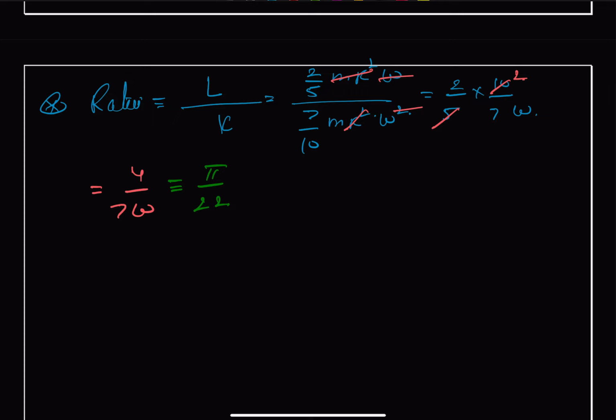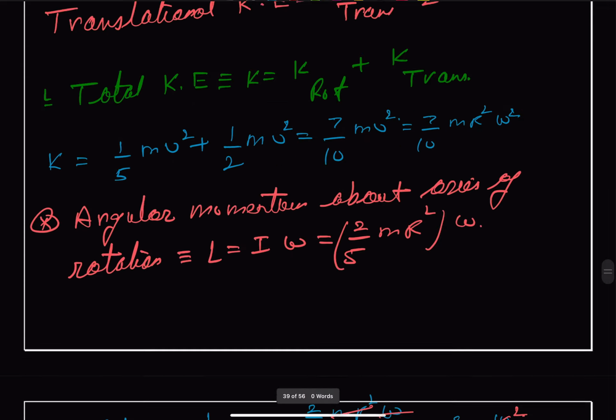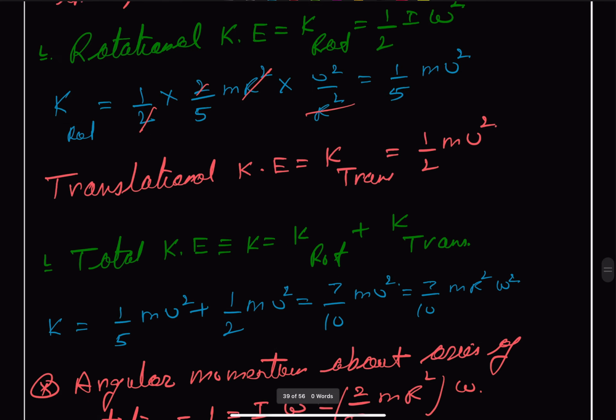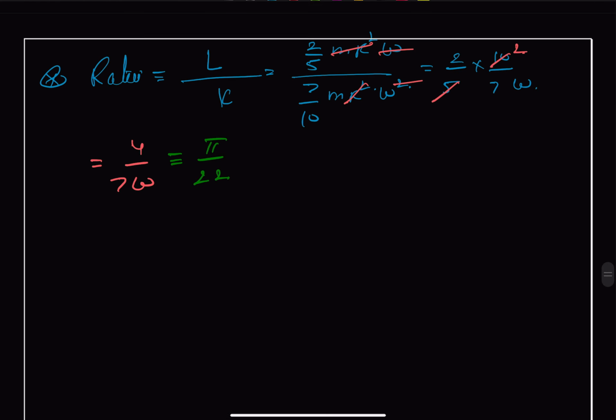and we need to find out omega. So we can write that omega will be equal to 4 upon 7 times 22 upon pi, and pi is 22 upon 7.